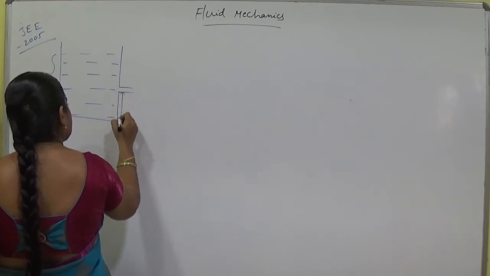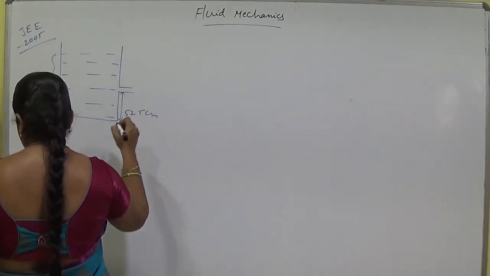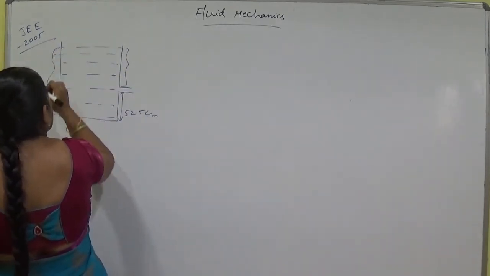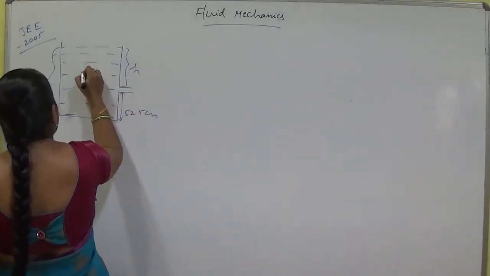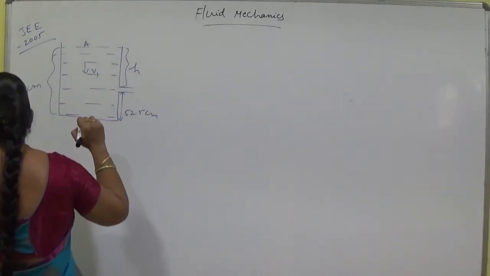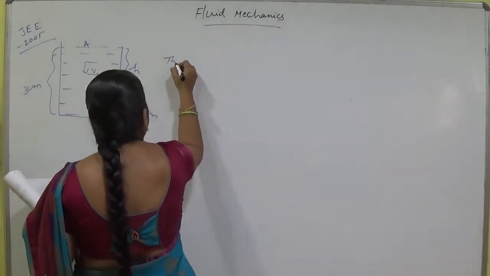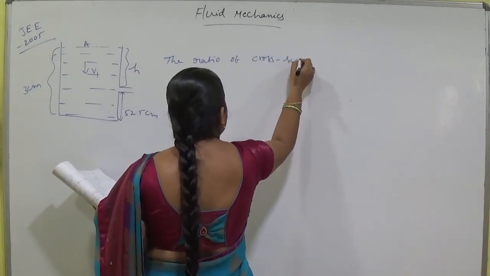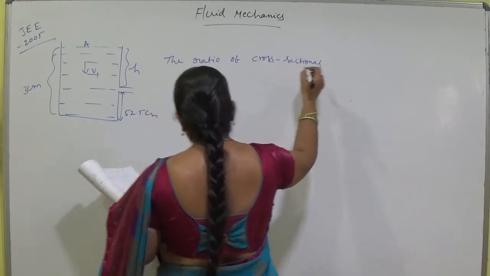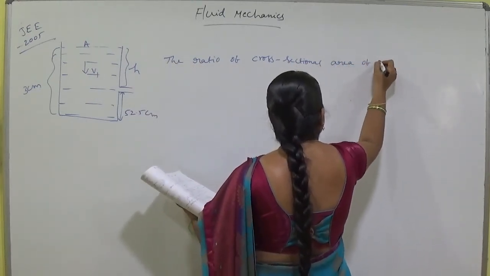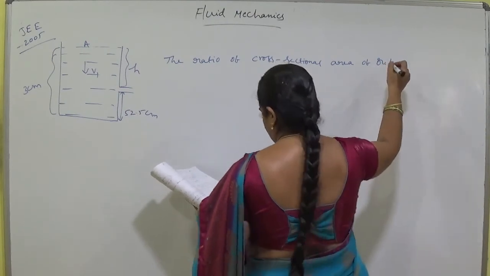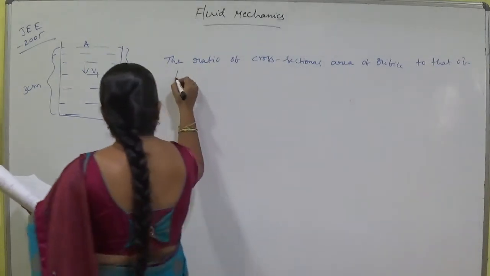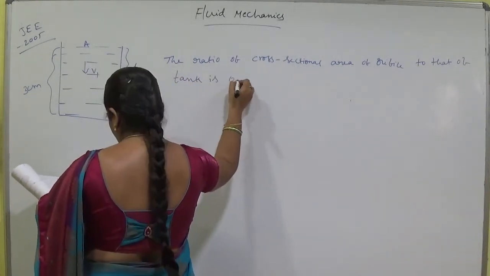This is the orifice. This height is 52.5 centimeters, and this one is H. This velocity is V1. Area A. The ratio of cross-sectional area of orifice to that of tank is 0.1.